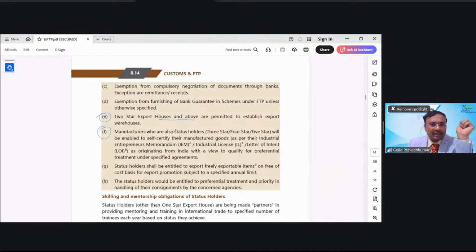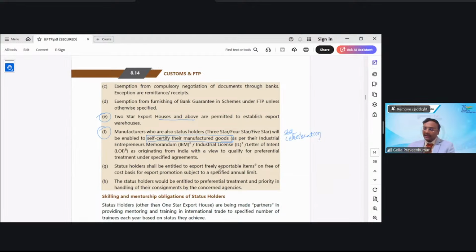Manufacturers who are also status holders 3, 4, 5 will be enabled to self-certify their manufactured goods as originating from India with a view to qualify for preferential treatment under specified agreement. Now, this self-certification is like Make in India.